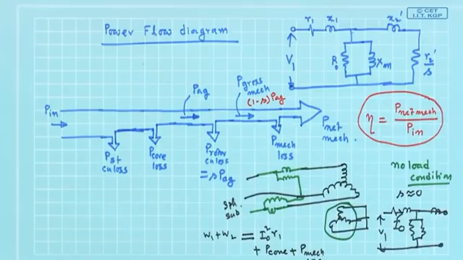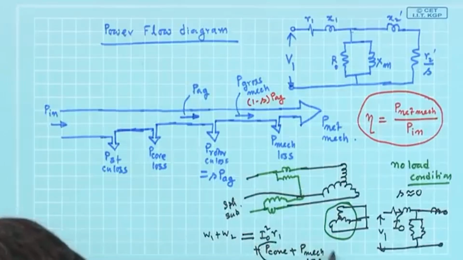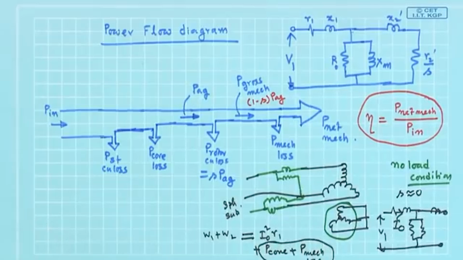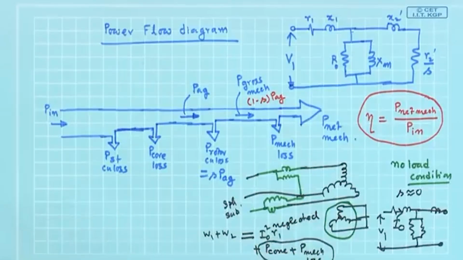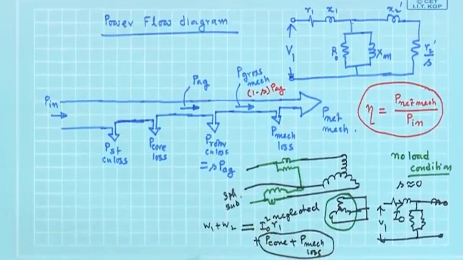Therefore, the majority of this right hand side will come from the sum of these two, P core plus P mechanical loss. This can be neglected because, compared to the sum of these two, this will be less. Why will it be less?